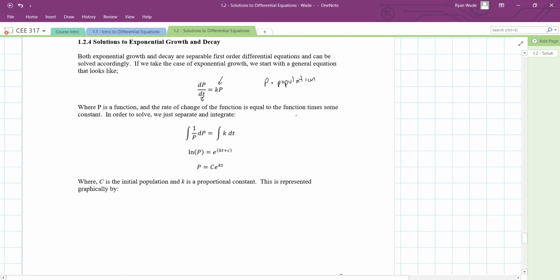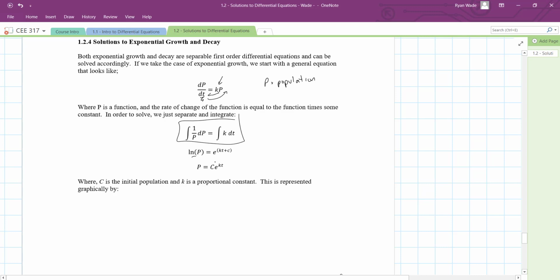All we do now is move the dt over to here and put the P underneath, rearrange it so it looks like this form, and integrate both sides.